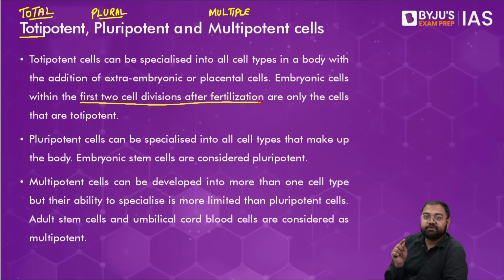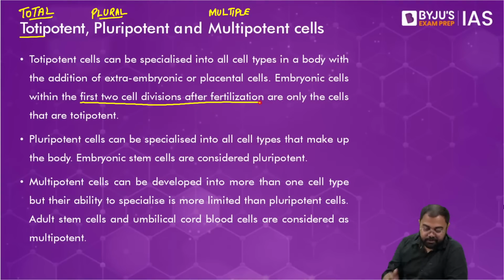Just after fertilization has happened, within the first two cell division cycles, is where we can derive the totipotent stem cells from. After that, we can't get totipotent cells anymore. After that, what you can get is only pluripotent cells.